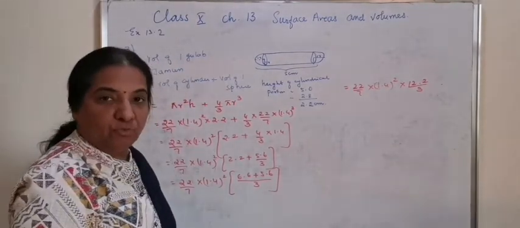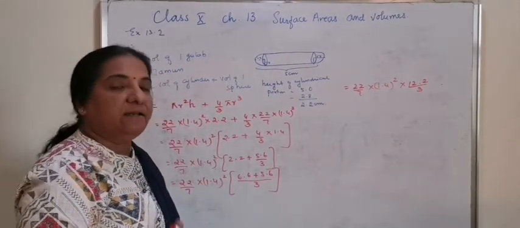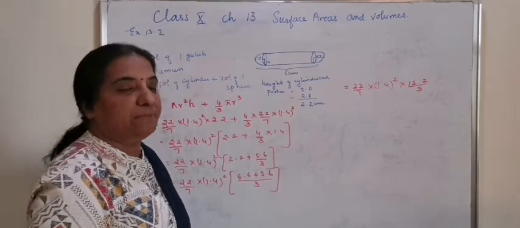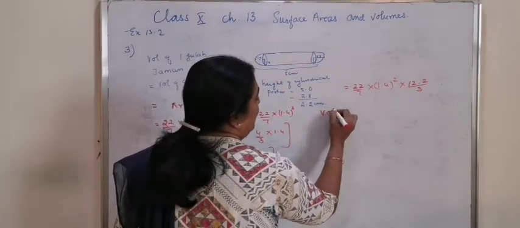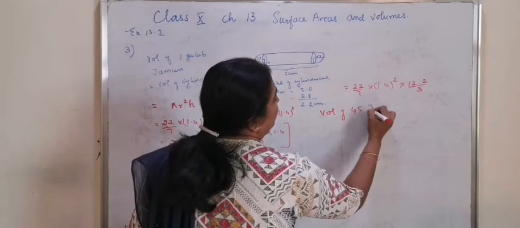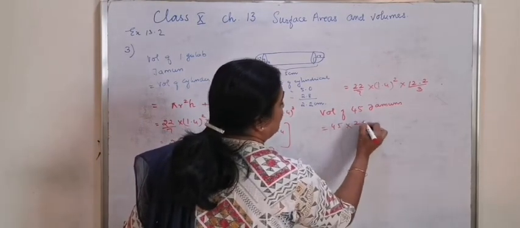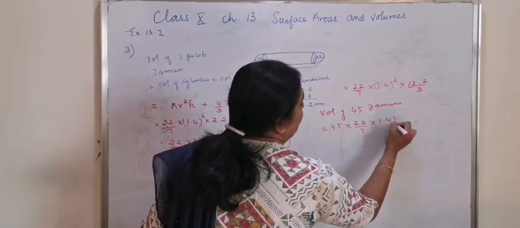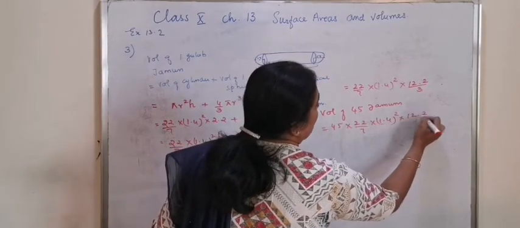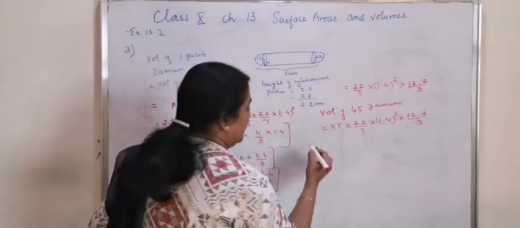Now we have to find out the volume of 45 jamuns and then the volume of syrup as 30% of it. So volume of 45 gulab jamuns is equal to 45 into 22 by 7, 1.4 the whole square into 12.2 divided by 3.